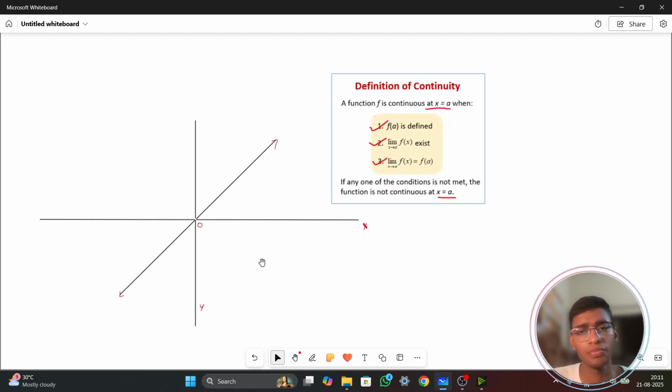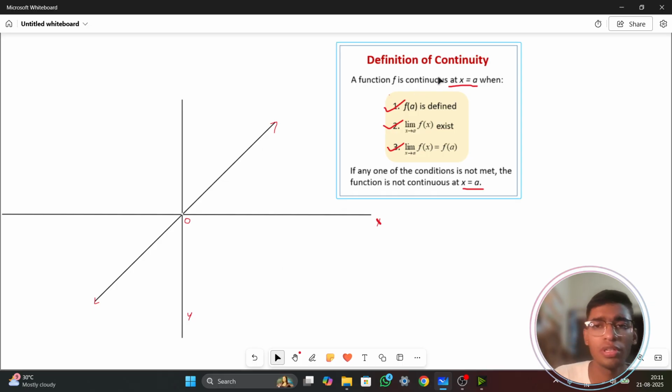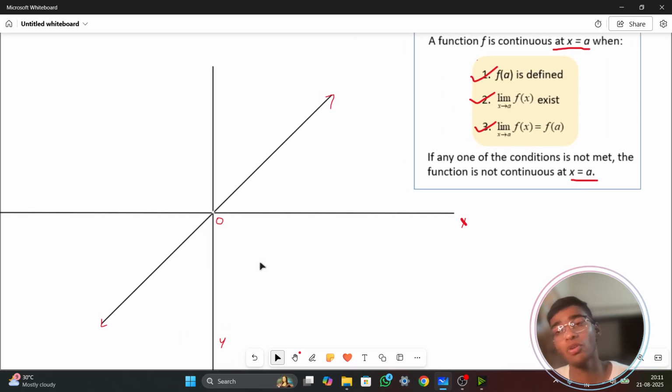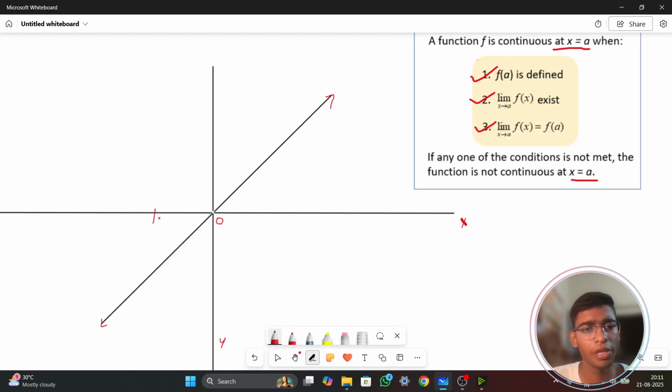Now check everything. It says f is continuous at x equals a. So first of all, in the question, you need to find out which point they are talking about for the continuity. Say you need to check the continuity for point -3 or for point 3.